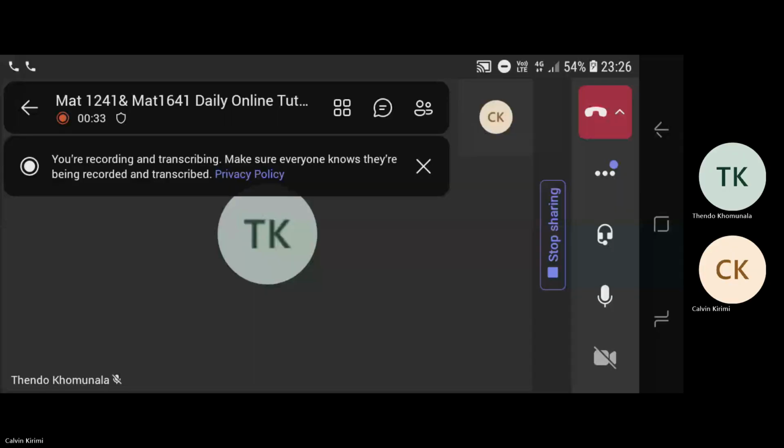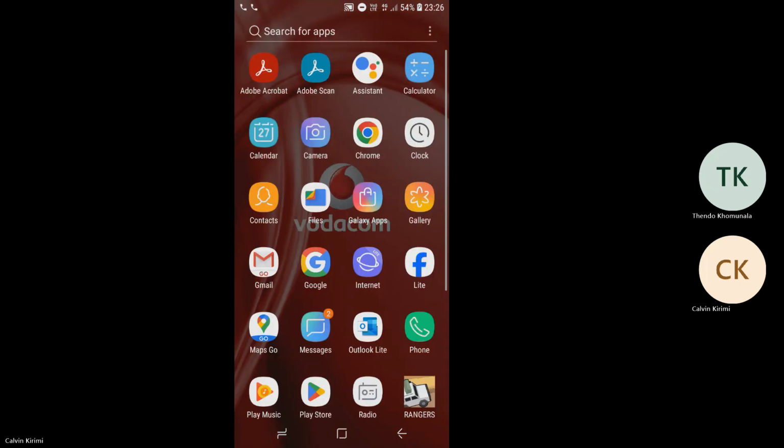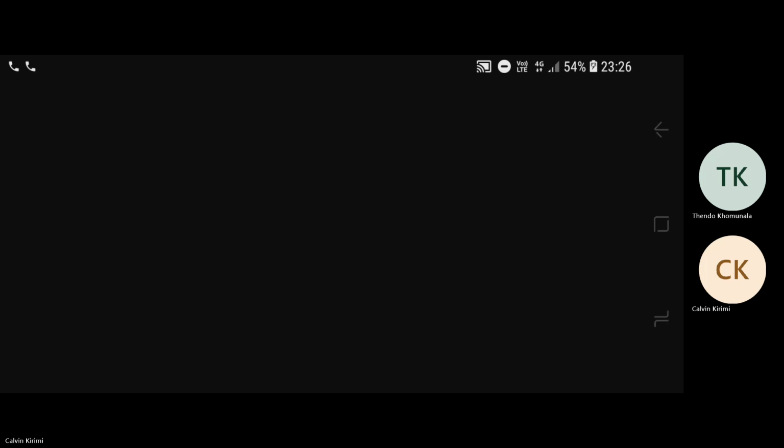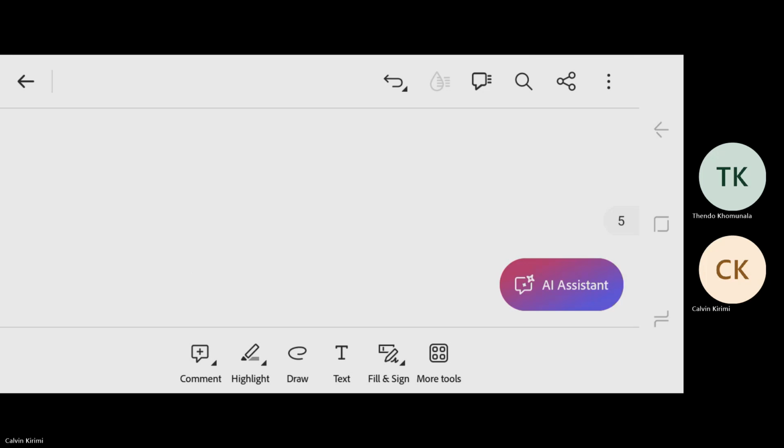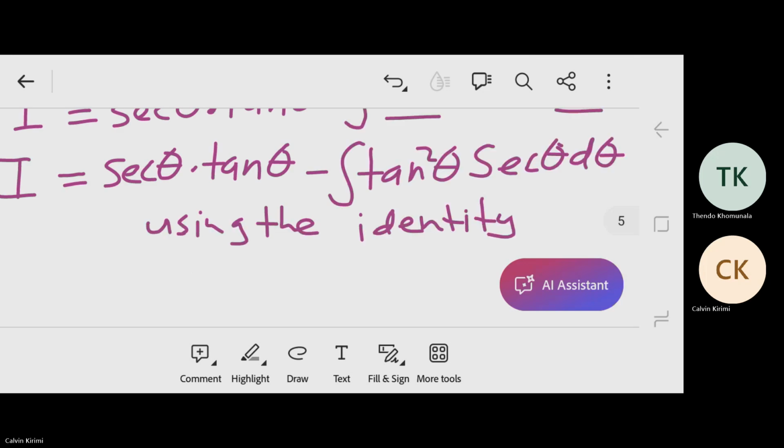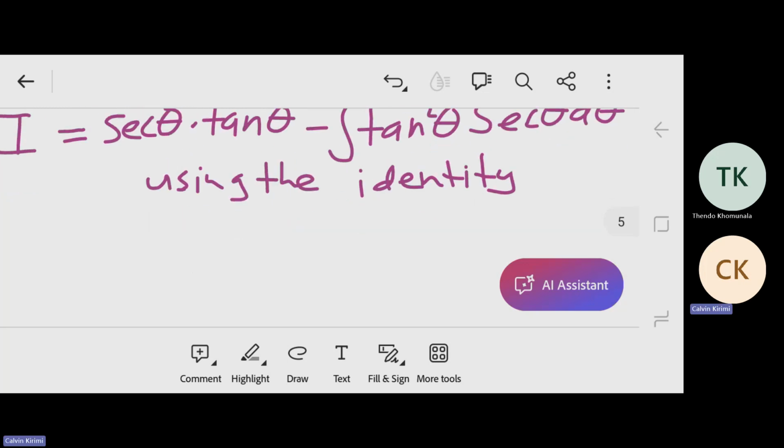Using the identity of tan. What does the identity of tan tell us, and why are we introducing it?